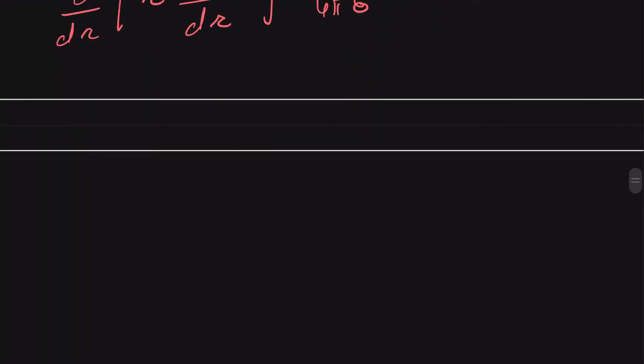Here r square and r square cancel out, and we can also cancel, this goes by 3 and this goes by 2.